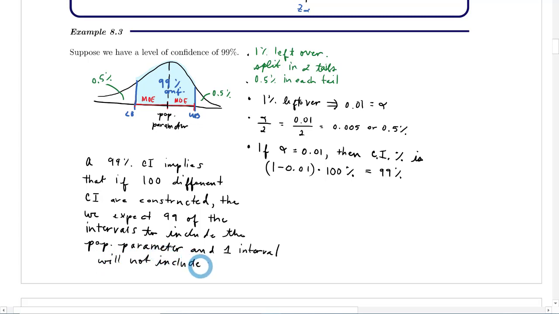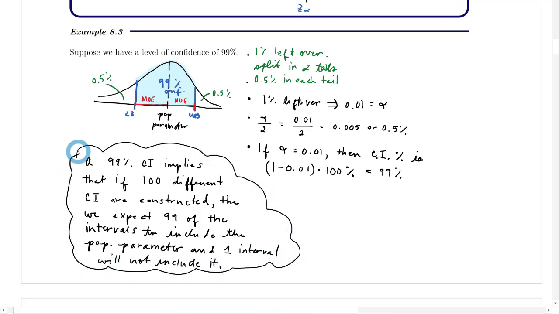So this is just saying 99% confidence means that if I took 100 confidence intervals, we expect 99 of them to contain that population parameter and one of them not. So the higher the confidence, the more confident you are that you're going to have that population parameter within that range of values.